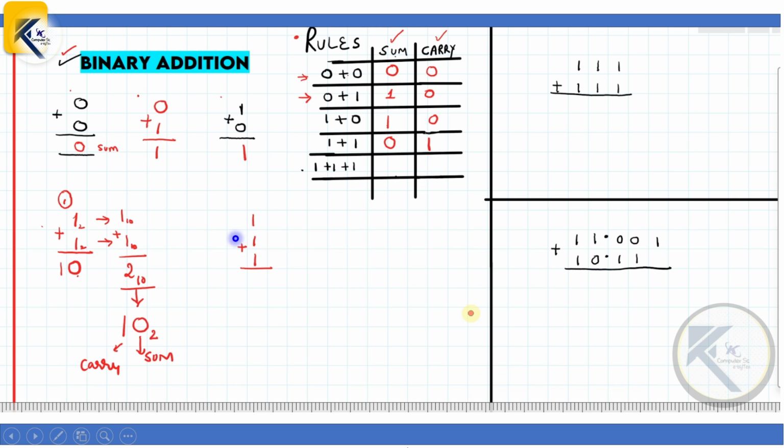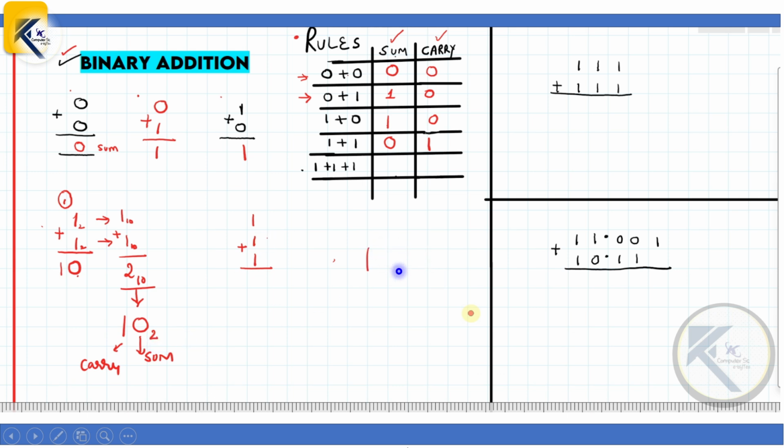Now what about 1 plus 1 plus 1? We have 3 ones. If you are having two numbers like this, we get a third one, which is generally taken as a carry from the previous column. Now we already know 1 plus 1 in binary is 1, 0, and we have to add 1 to it.